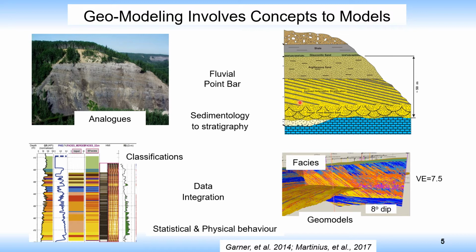So these concepts drive modeling, they drive the interpretation of the logs, core logs, images, in order to get facies logs going into models. So we're after this whole data integration process, and it's really based on good quality logs and concepts.